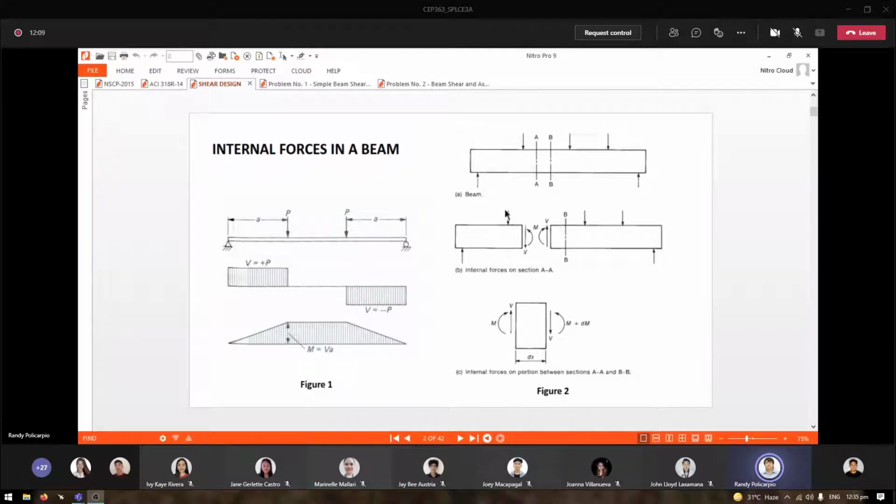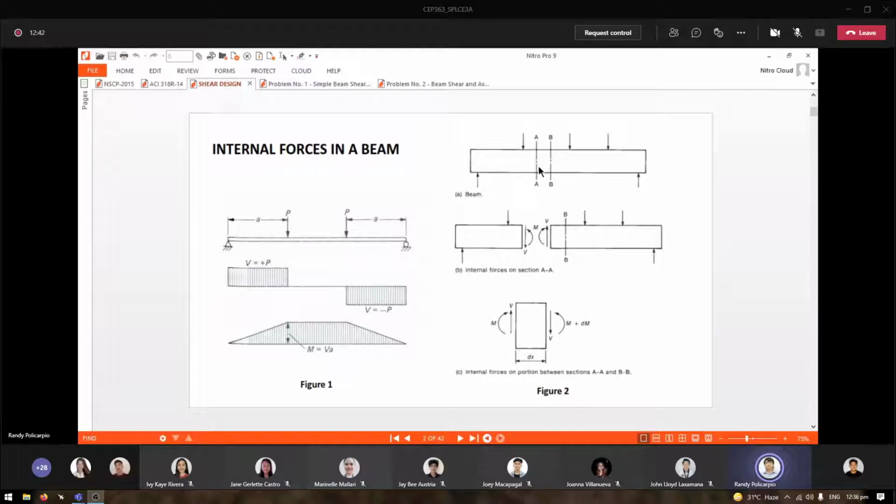The free body diagram shows your external forces. What are the external forces? Your reaction here and your loads here, the downward concentrated load. Now, to keep our system in equilibrium, at the cut section there will be what we call your internal forces, and that includes your shear and your moment.